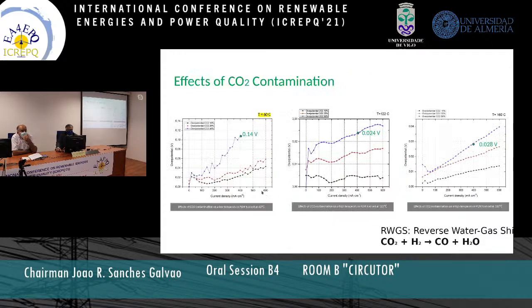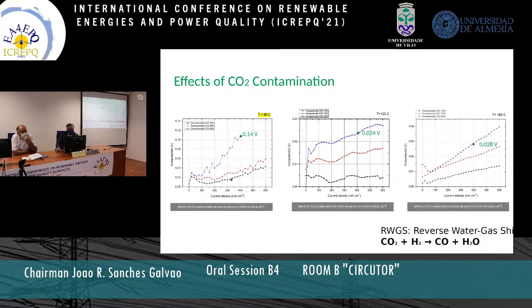Here we see data for three temperatures: 60 Celsius, which is here, that's a low temperature fuel cell where the water comes out as a liquid. The two in the middle and on the right side are at 122 Celsius and 160 degrees Celsius. So these are high temperature fuel cells where the water will come out as steam.